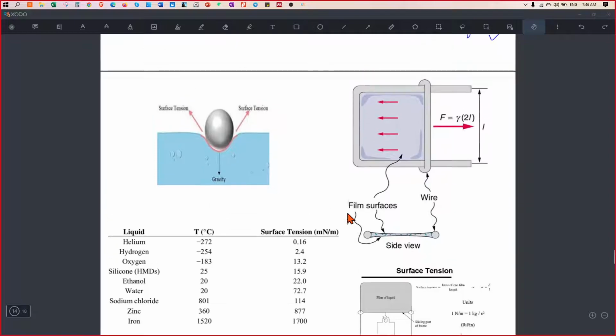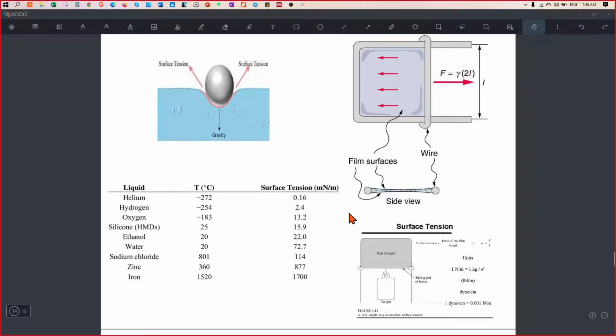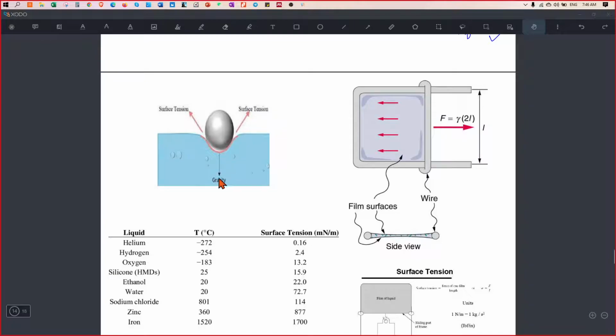Here comes a bit that you need to understand. Why is water able to spread out in the plant? Because of surface water tension. When you talk about surface tension, it's basically the skin. You see here, this is the skin of the water, without breaking it.